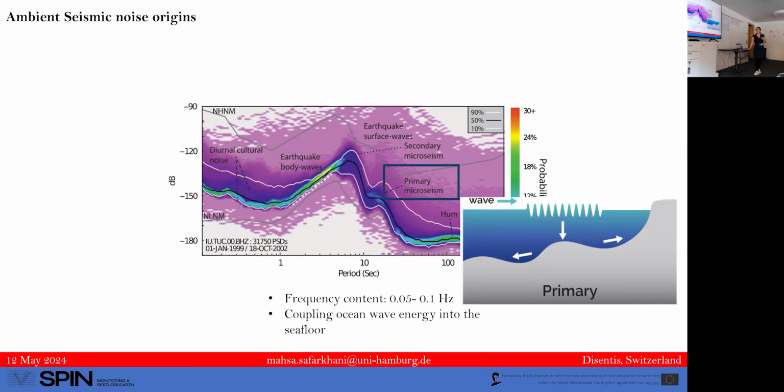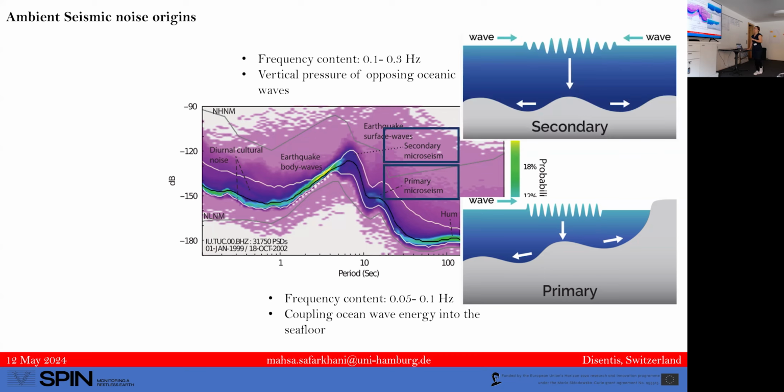One of them is related to the primary microseism, created by the coupling of oceanic wave energy into the sea floor as the wave approaches shallow water. And the other, the secondary microseism, is the vertical pressure created by two seismic waves traveling in different directions, which actually creates this kind of noise.